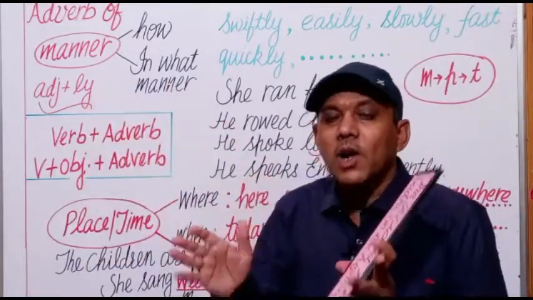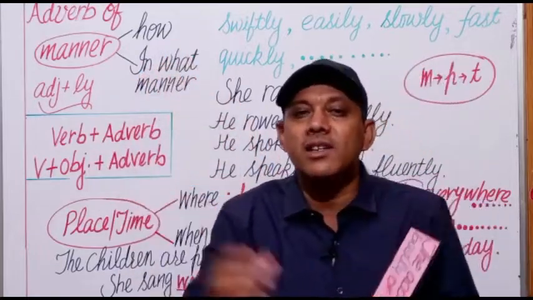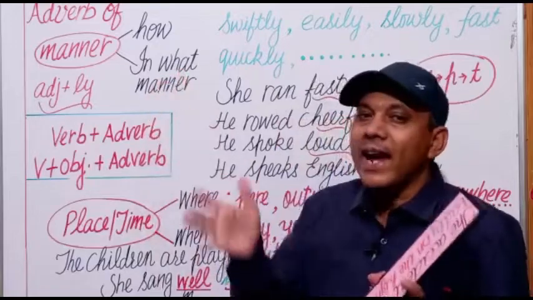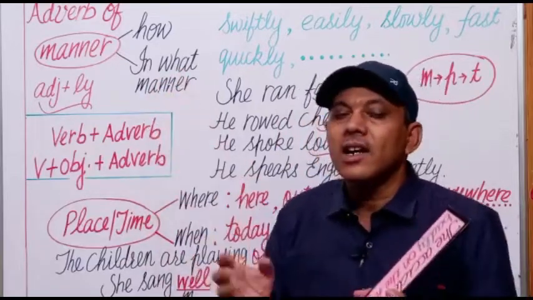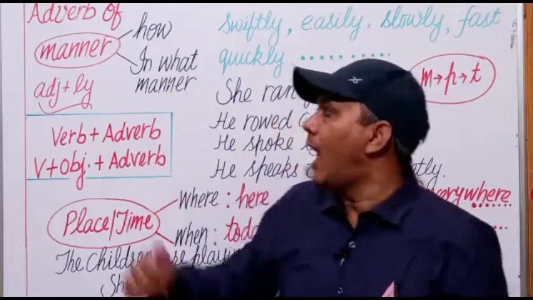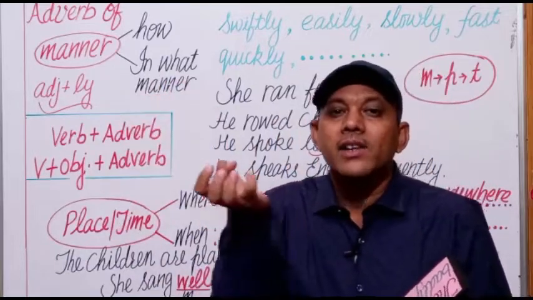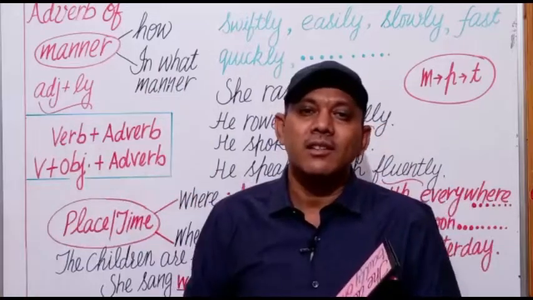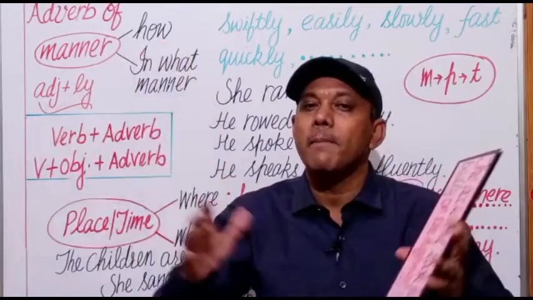It describes how an action has been done, or how an action takes place. How or in what manner. The way of taking place of an action is told by the adverb of manner.